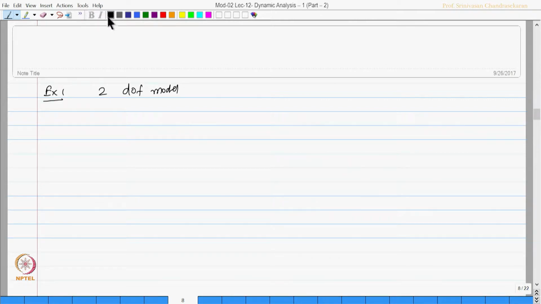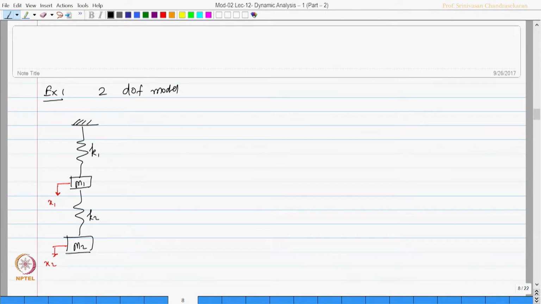Let us say my example problem is a 2-degree freedom system model which has mass m1 and m2. The degrees of freedom are marked here as x1 and x2. The model does not have damping, but it has restoring force K1 and K2.